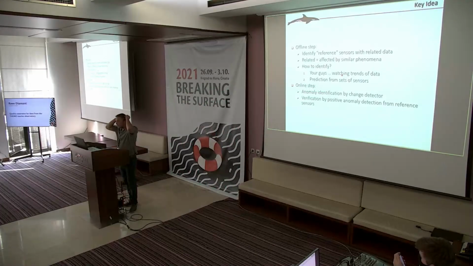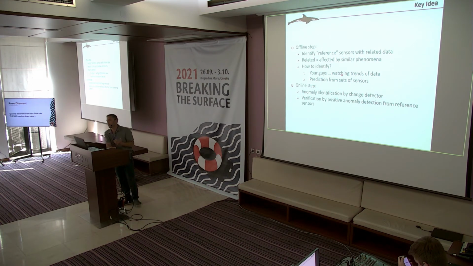The key idea for the quality assurance method has two steps, an offline step and an online step. In offline, we identify these reference sensors that we think are related, such as temperature, conductivity, etc. How do we identify them?